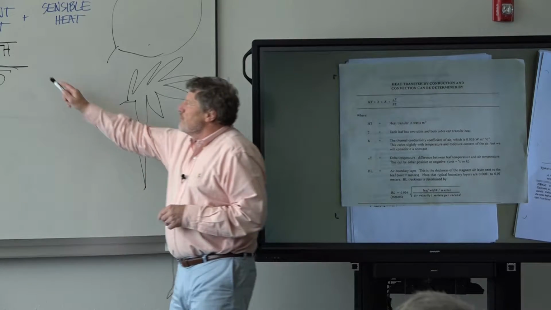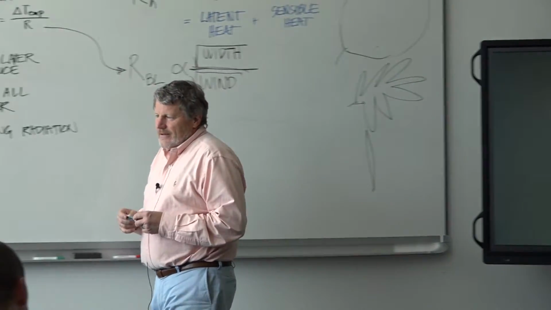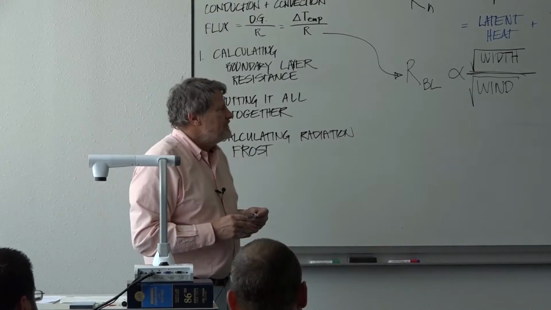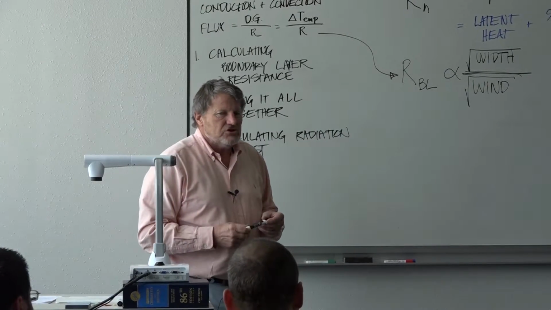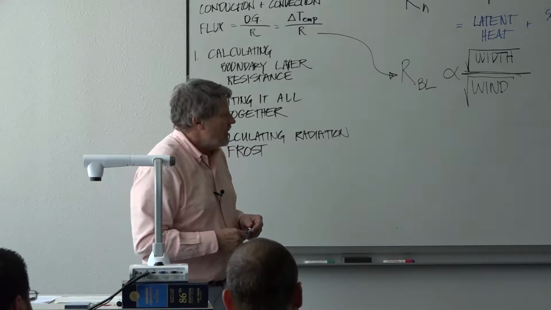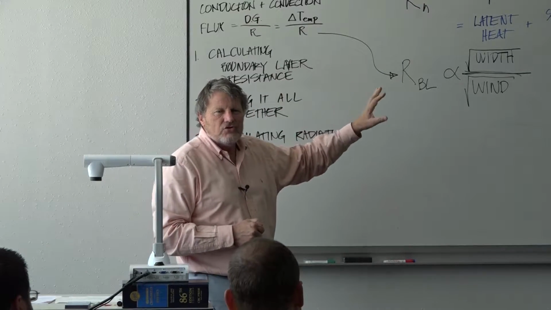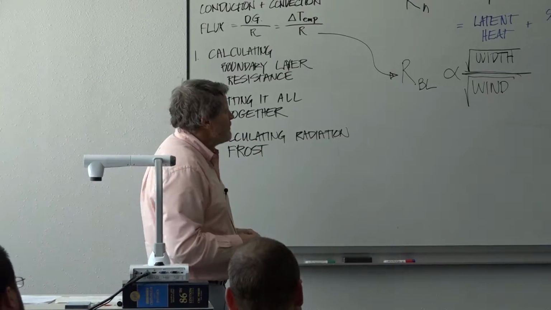So we have width and wind in this. The rest of this is coefficients to put units on these. After we get the concepts, then you look up these coefficients in a book.